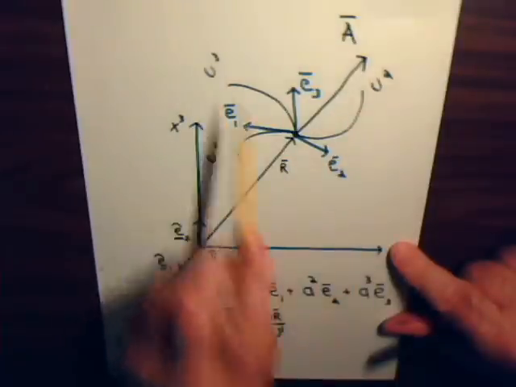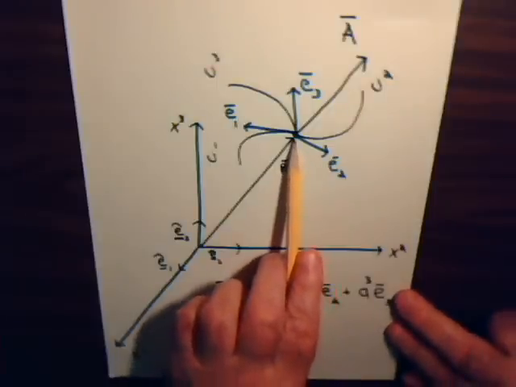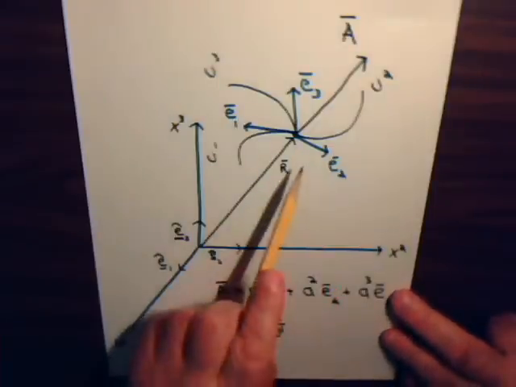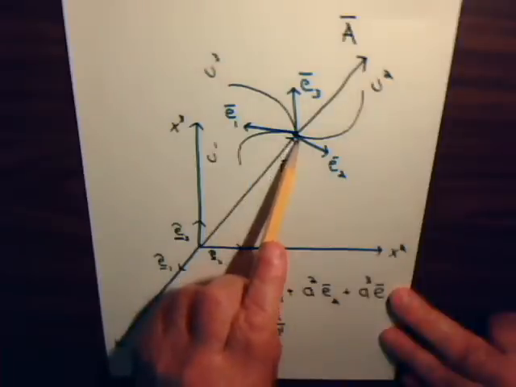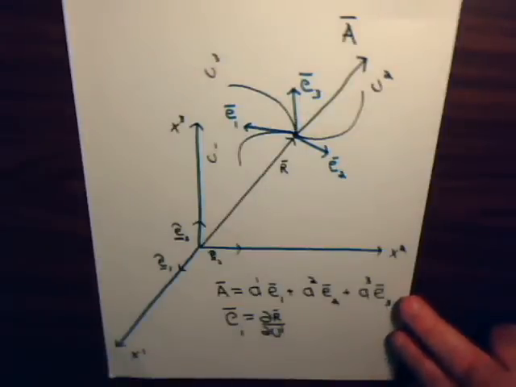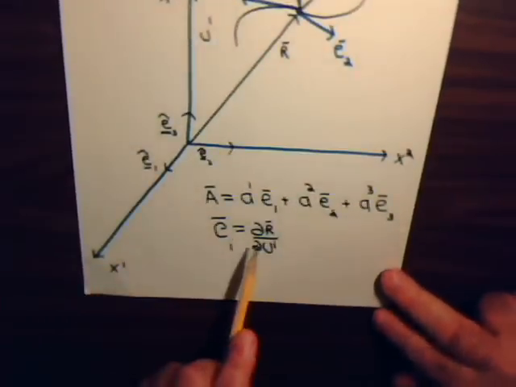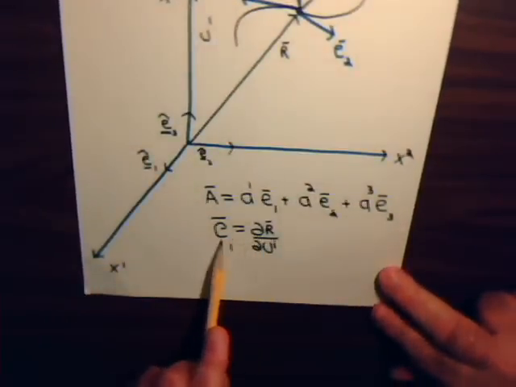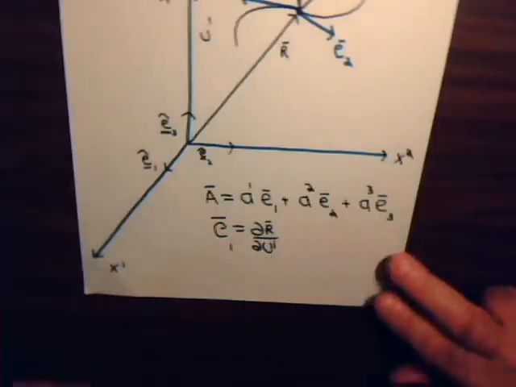That's been the convention throughout the video series here. And then at a point P, we considered a tangent vector to u1, u2, and u3. And the way that we obtain those tangent vectors, the general formula is E_i, the partial of the position vector with respect to u^i.